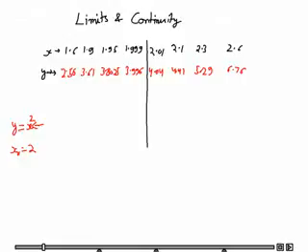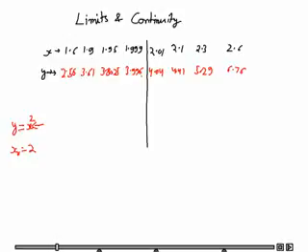We tabulate these values, and likewise for higher values of x, we find the values decreasing and approaching 2. So if we see that as the value of x approaches 2, the value of y approaches a fixed number, in this case 4, we say that the limit exists at 2 as x approaches 2 through smaller values.